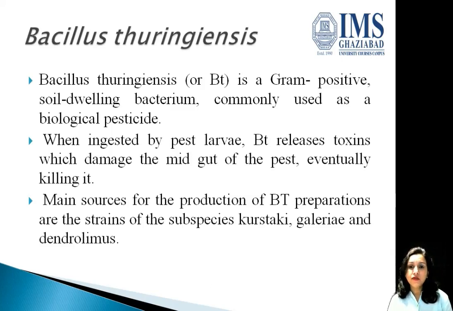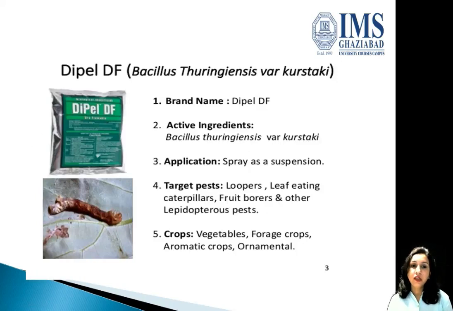The main source for the production of BT preparations are strains of the subspecies, and the main ones producing this BT are Kurstaki, Galleriae, and Dendrolimus. This one is the most commonly used BT biopesticide, which is DiPel DF, and it is obtained from the strain Kurstaki.